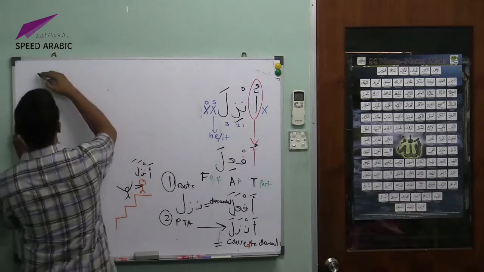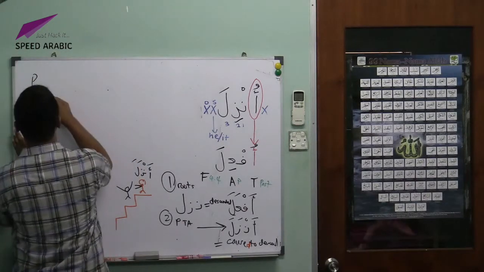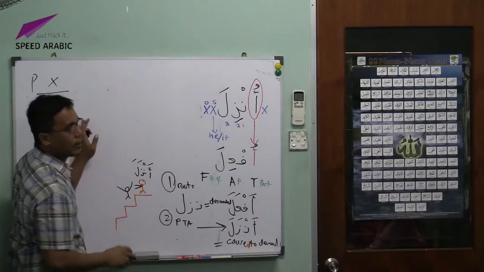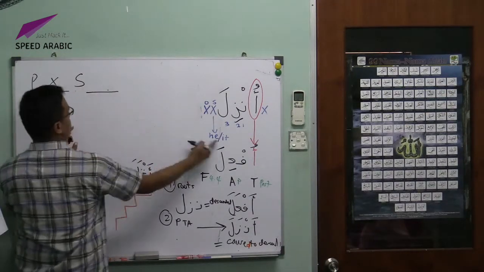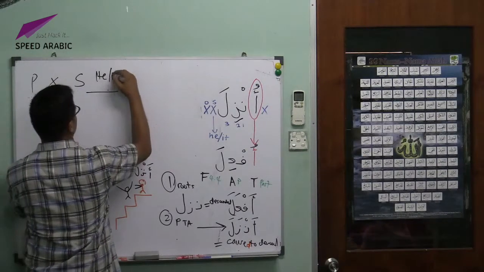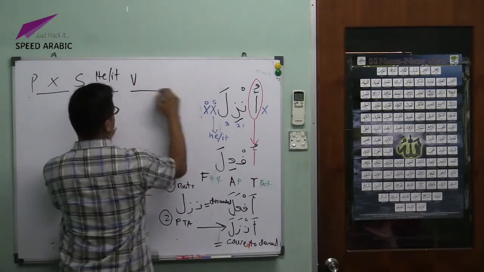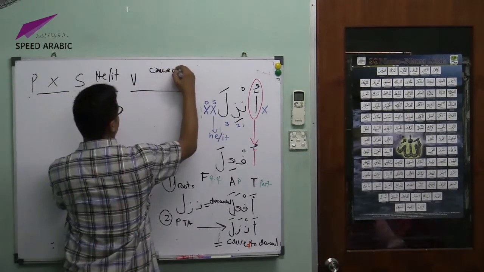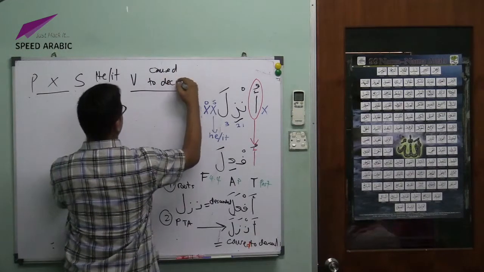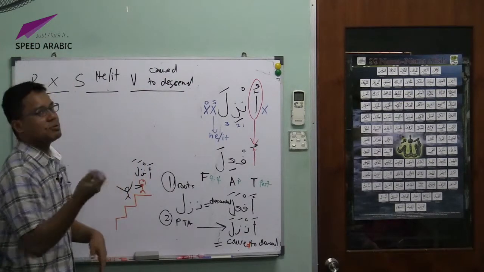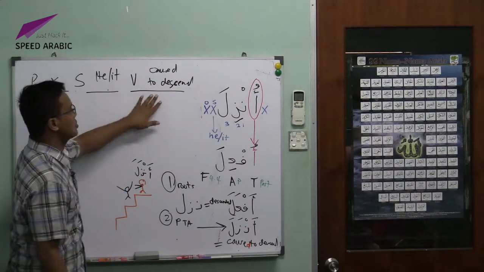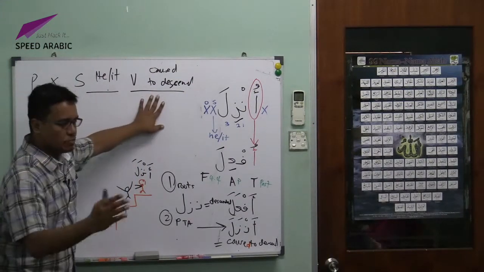We write everything. The particle, any particle? No, right? Subject, he or it. And then verb, caused to descend. If we were to say he caused to descend, it would be active or passive?